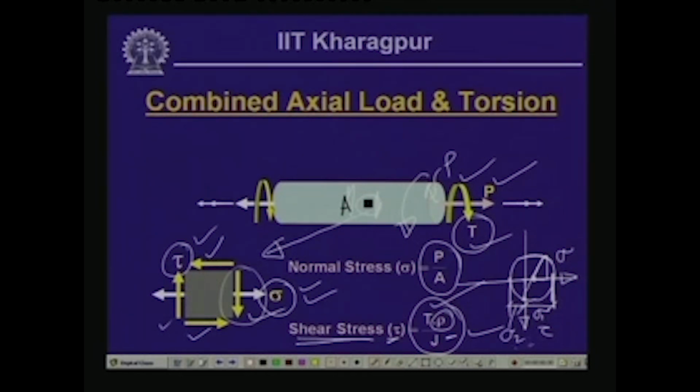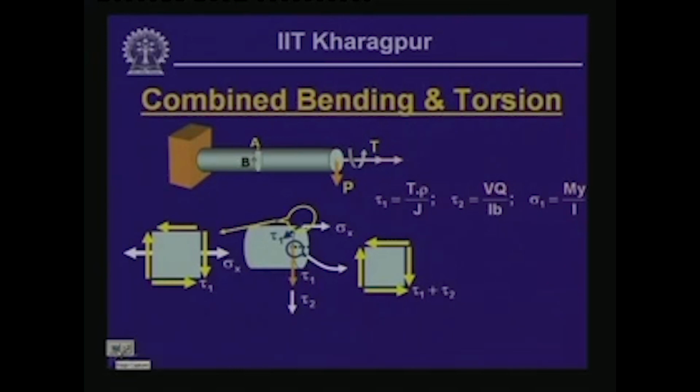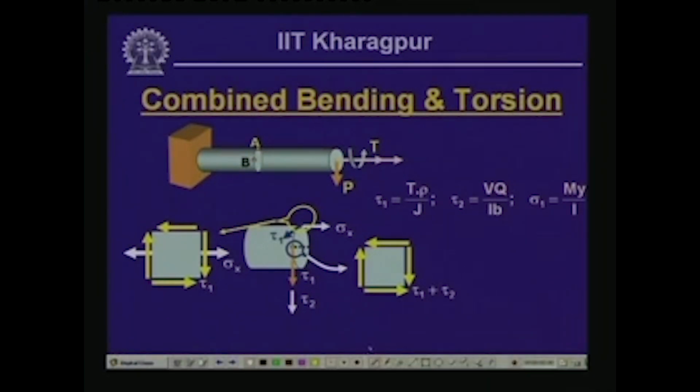So, we can compute the values of the normal stresses. Also, this is the maximum and the minimum value of the shearing stresses. This is the positive tau, this is the negative tau, and this is the maximum shear stress that will occur at that particular point because of the action of axial pull and twisting moment. We will look into some examples of how to compute this using numerical values.